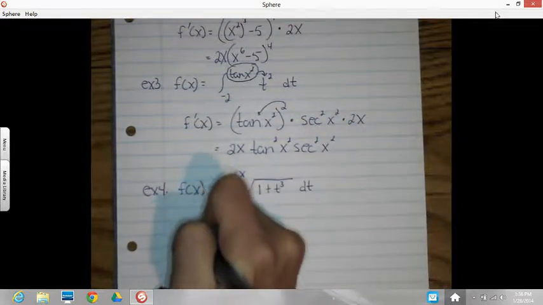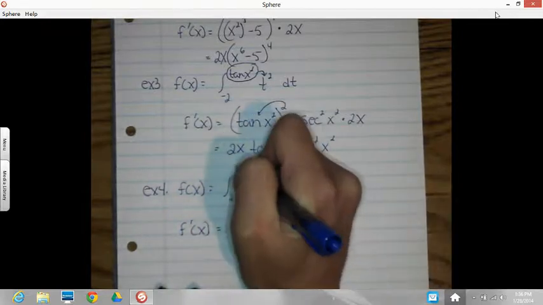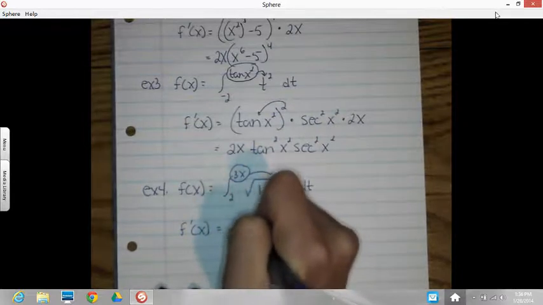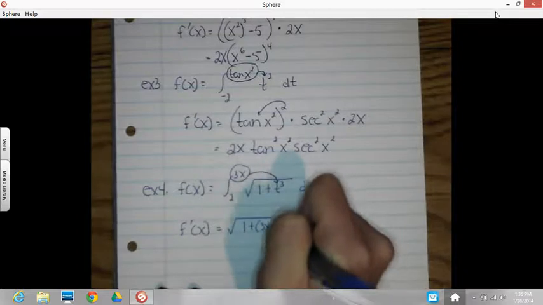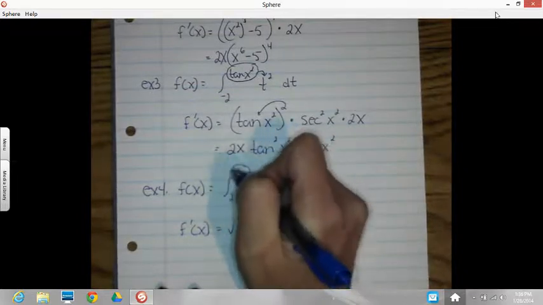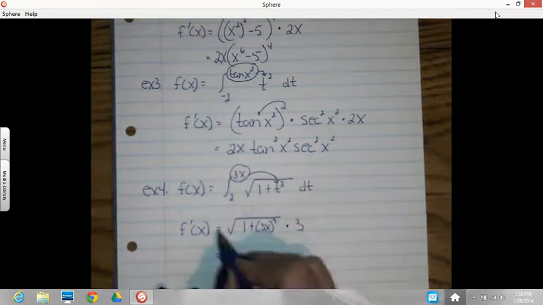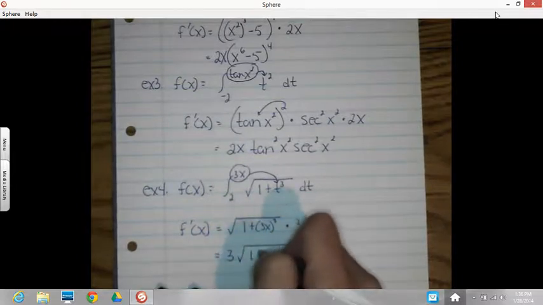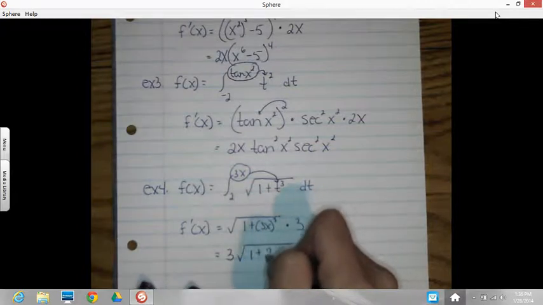Derivative is what I'm looking for. Shortcut, take this, substitute it here. Square root of 1 plus 3x cubed times the derivative here, which is a 3. So simplifying here, bring this to the front. 1 plus, let's see, I've got to cube the 3, that's going to be 3 times 27x cubed.